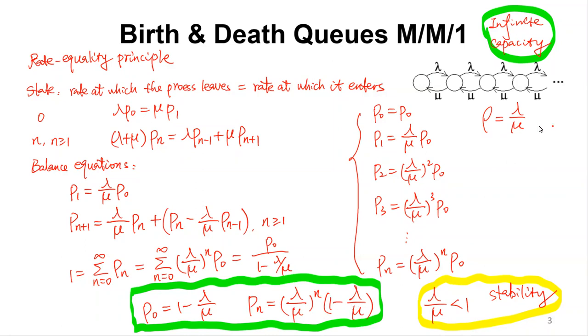Rho is the birth-death ratio, lambda over mu, and it should be less than 1. This will make sure the process is stable, because the arrival rate is less than the service rate. Why do we have to make sure this is less than 1?